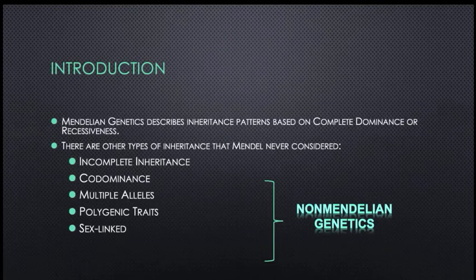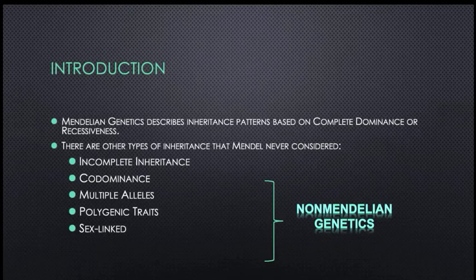However, traits such as hair color that don't follow the simple pattern of dominant and recessive alleles are non-Mendelian. They follow non-Mendelian genetics. Non-Mendelian traits can be categorized as polygenic, codominant, incomplete dominant, sex-linked, and there are a few more, but those are the ones we typically look at in our level of biology.